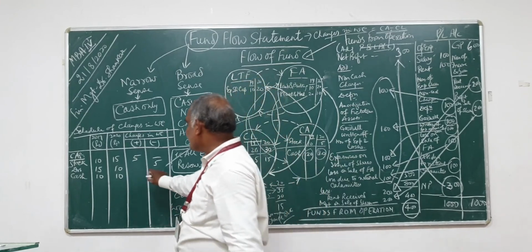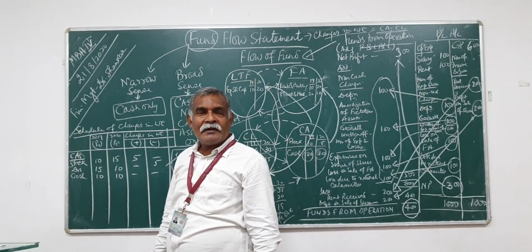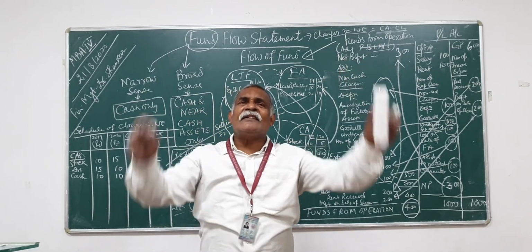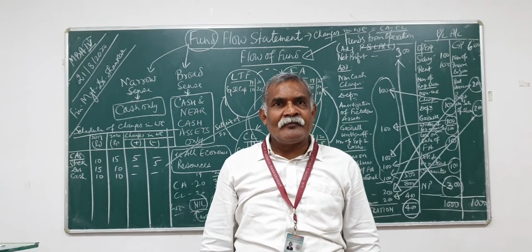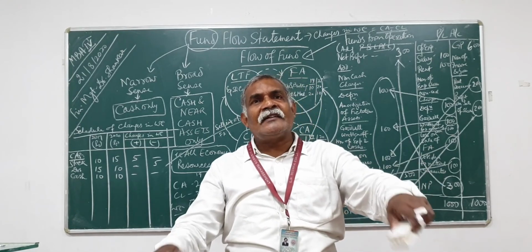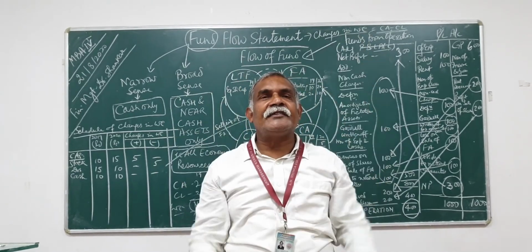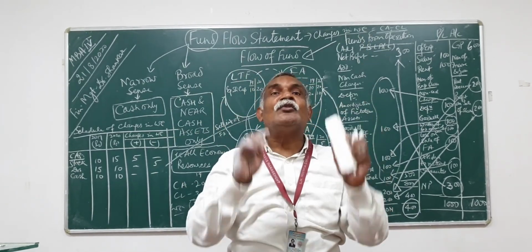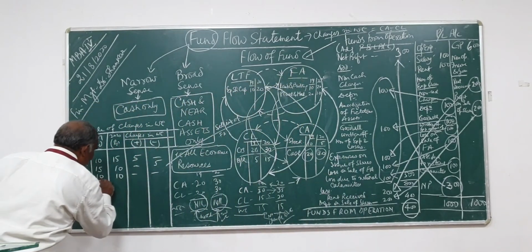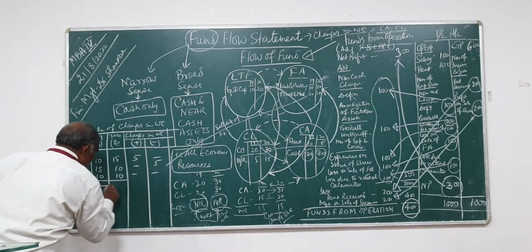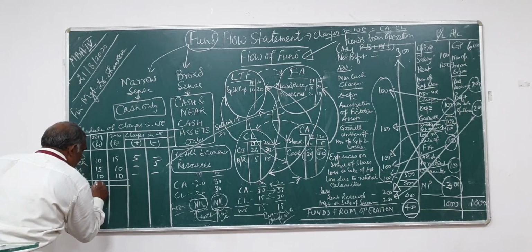There is no change in working capital. It means whatever the current assets are there in your balance sheet, if that current assets decrease, working capital decreases, increasing, working capital will increase. This is your conclusion. Now, in this way we'll calculate the total current assets, 35.